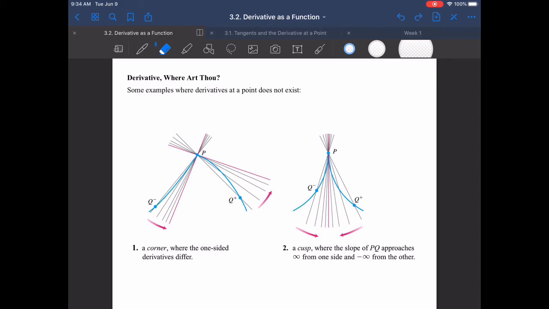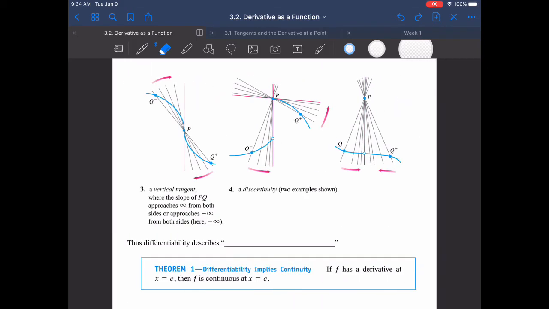Next, some more examples here. If you have a vertical tangent where the slope of PQ approaches infinity from both sides, we're not going to be able to take that derivative because we're basically dividing by 0, just like we had undefined for vertical lines.